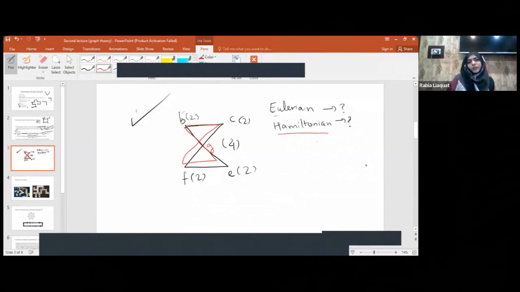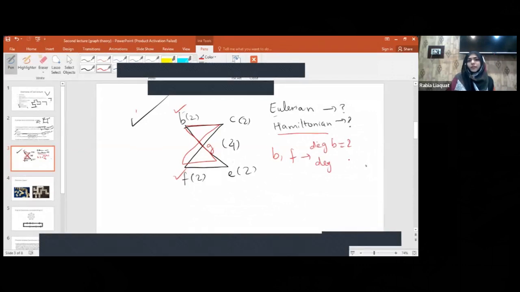Now we will check Hamiltonian graph. For example, I choose B and F because both are non-adjacent vertices. We will check the degree. Degree of B is 2. Degree of F is also 2.